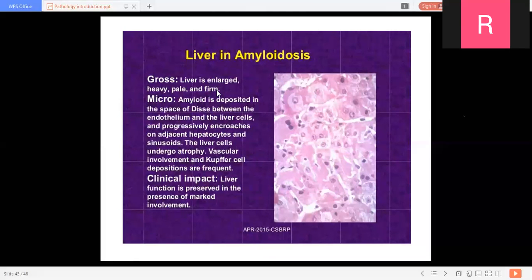And disappearance of these hepatocytes occurs, causing total replacement of large areas of the liver parenchyma.